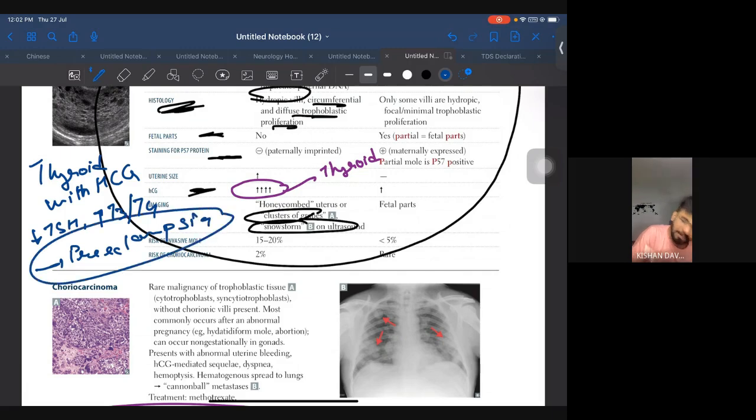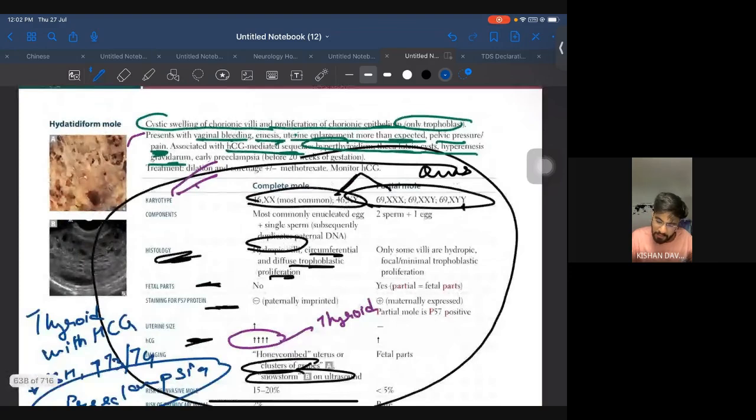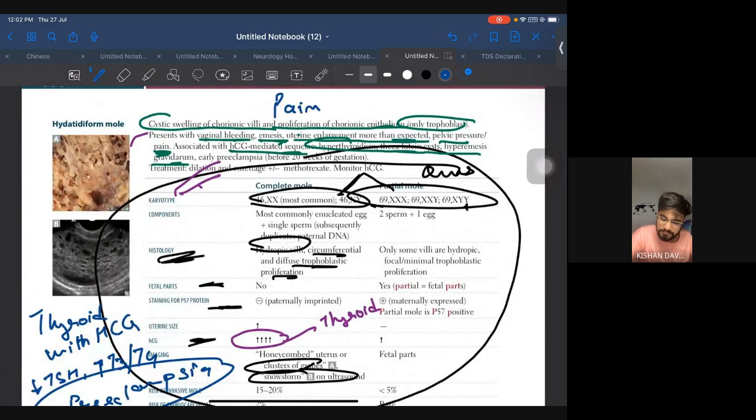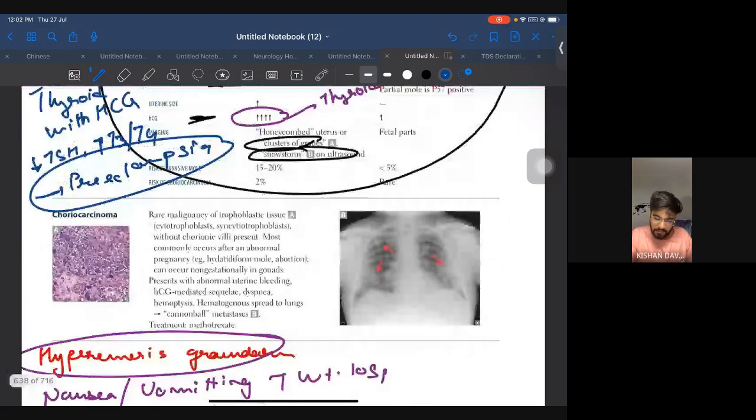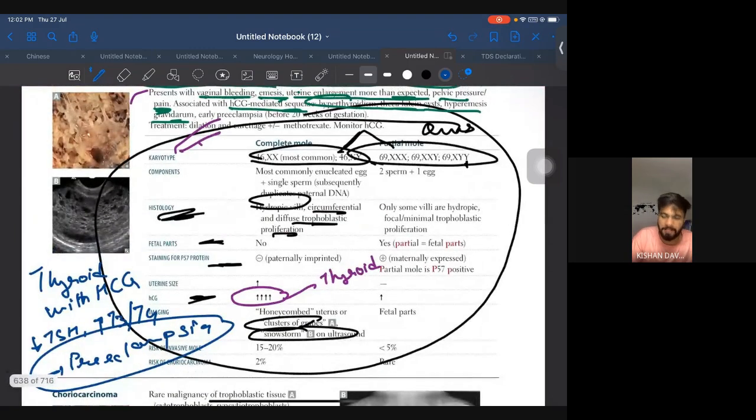So thyroid is important over here. It will be painless uterine bleeding. Okay, so this is about complete and partial mole.